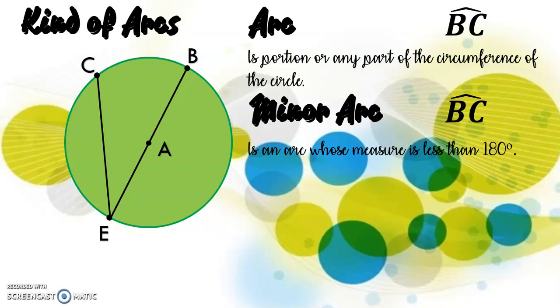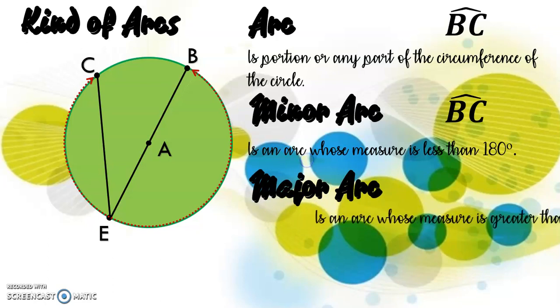Another we have, let's take this portion of the circle. As you can see, it is larger than the minor arc. And this arc is called major arc. And a major arc is an arc whose measure is greater than 180 degrees.